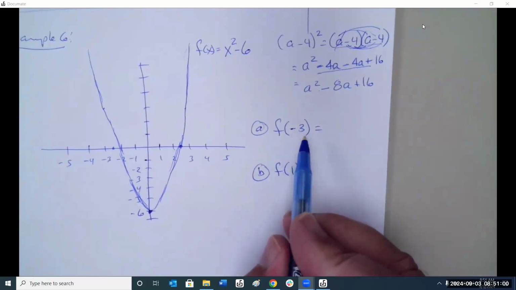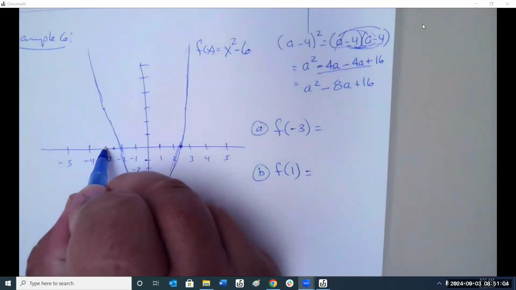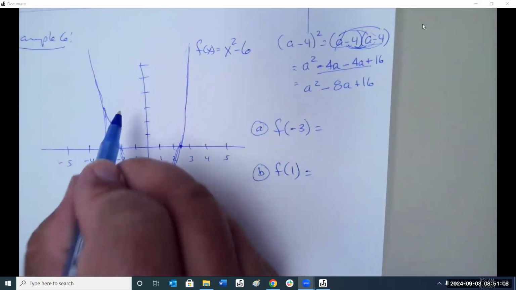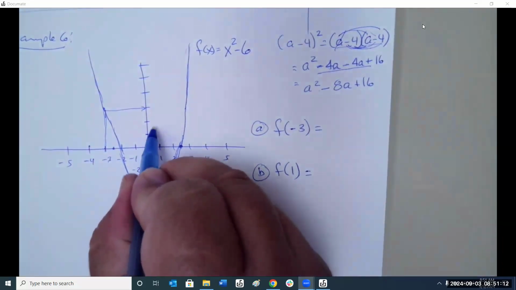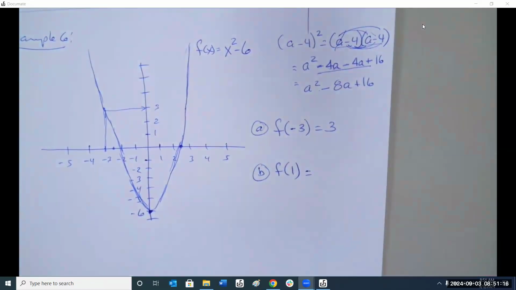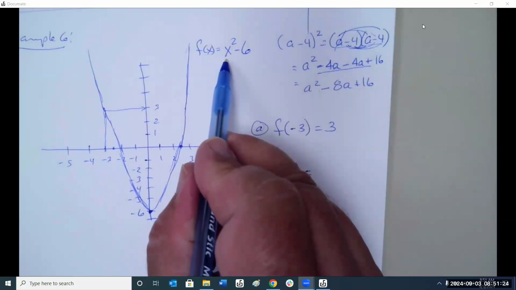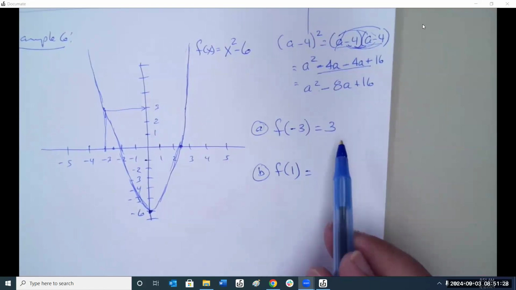What is this asking us? What is it telling us? x is negative 3. So let's go at negative 3. Let's go till we find the function. And then find the y value. So the answer is 3. And if we plug it in there, negative 3 squared is what? 9 minus 6? 3.